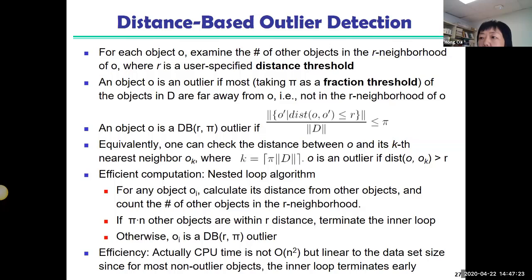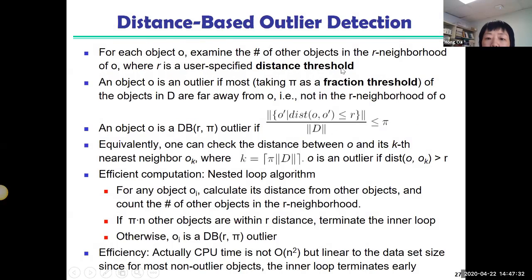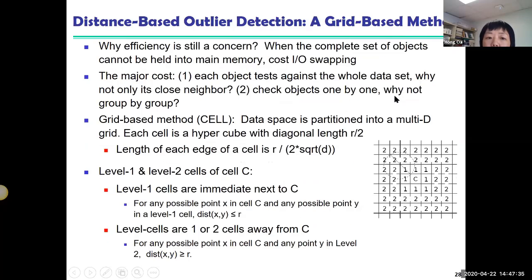Do we have questions on this? So this algorithm, although it's efficient, there's further improvement on the algorithm. The thought is interesting. We see the earlier algorithm is actually quite efficient, but it can be made more efficient, though it adds a bit of complexity in terms of the computational steps. Here the method is called CELL.